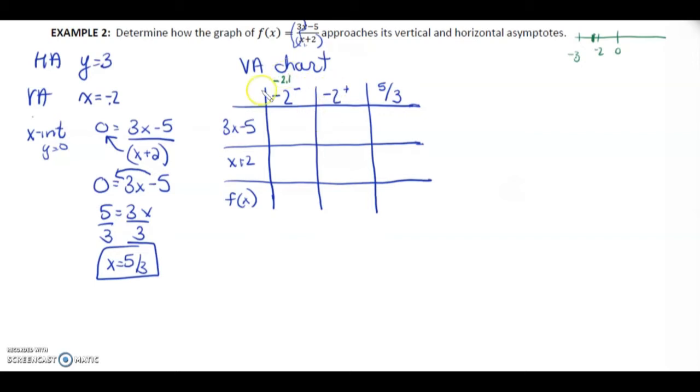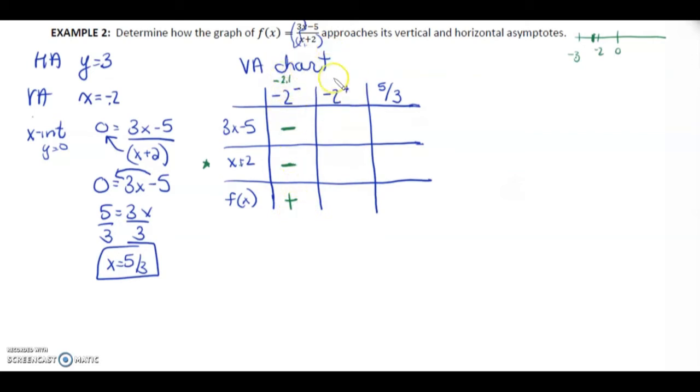But we're going to have a negative number, right? Negative 2.1 times a positive number is going to be a negative number, minus 5, it's going to be more negative. This is where you have to pay attention. Negative 2.1 plus 2, we're still going to be in the negative. So overall, this graph is going to approach the vertical asymptote to positive infinity, on the left-hand side.